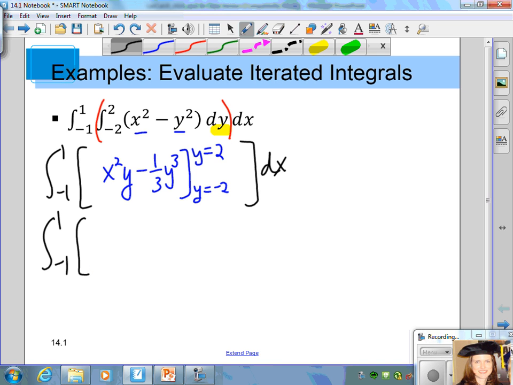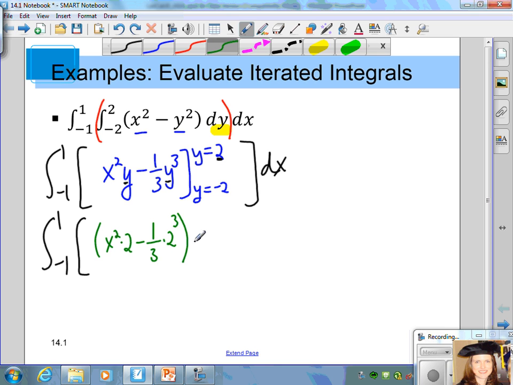I'm going to first replace y equals +2 for our upper bound, and then we're going to replace y equals -2 for the lower bound, and then simplify the result. So when we plug in the upper bound, we get x squared times 2 minus 1/3 times 2 to the third power.